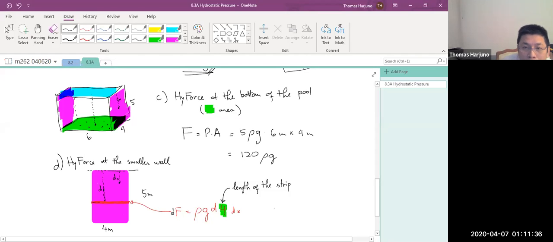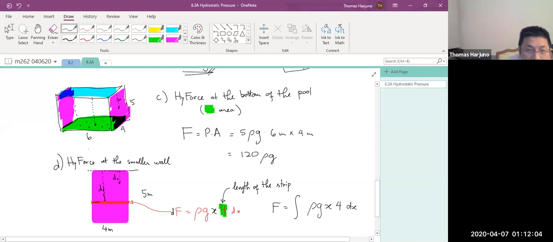Now, the total hydrostatic force will be the integral of rho g, the depth, let me call that x, times the width of that strip, dx.